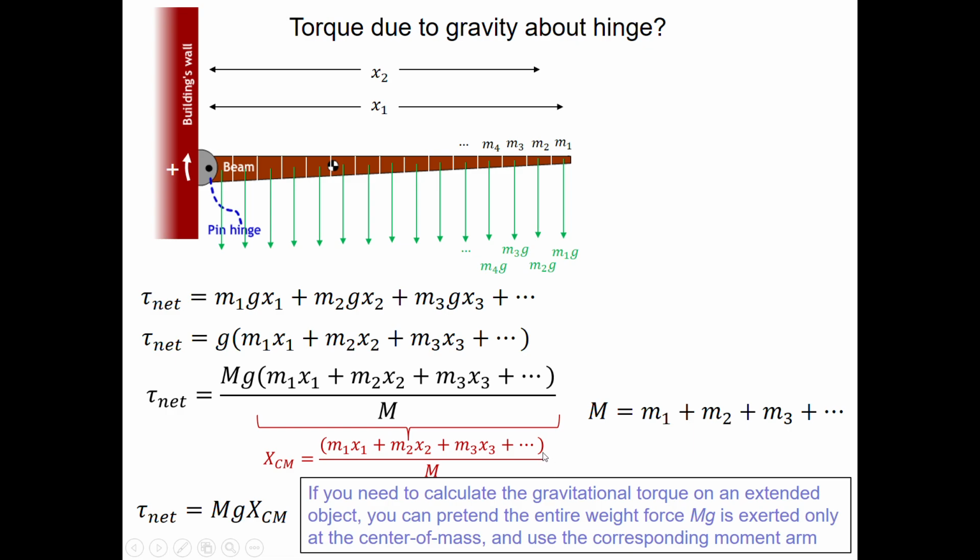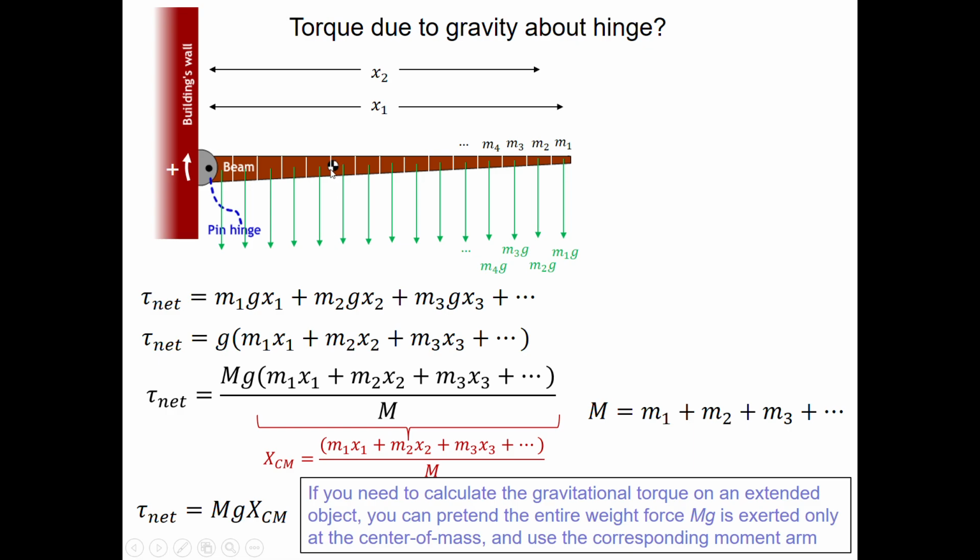But we found out that if we define something called the x-coordinate of the center of mass, then we could calculate the net torque due to gravity, which is really due to all these little forces, by pretending that there's only one gravitational force and it acts at a location that's called the center of mass of the object. And all we have to do is pretend the full force is acting at it.